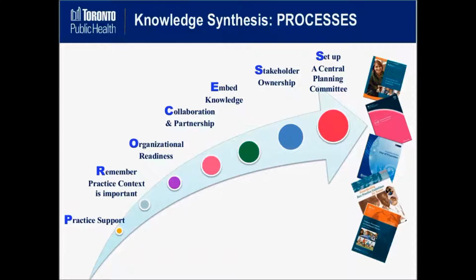So in summary of the process, the strategies can only be applied to the organization when it is ready to commit to implementing the guideline. Organization commitment exists when there are sufficient resources, as well as management and expert support provided to staff. A central planning committee is set up, consisting of relevant stakeholders who possess the same vision and are willing to take ownership at all levels of the implementation process.